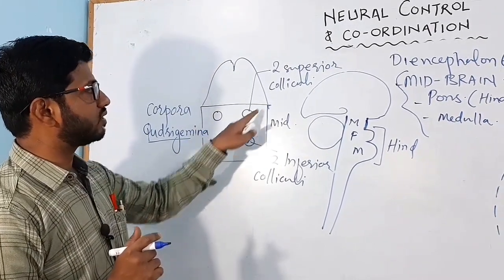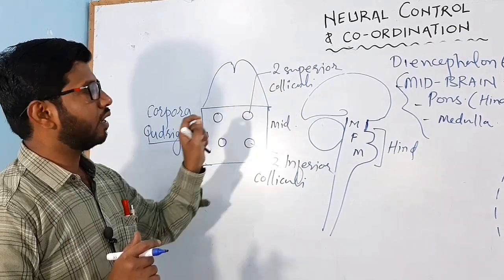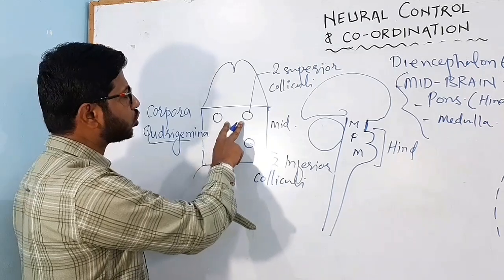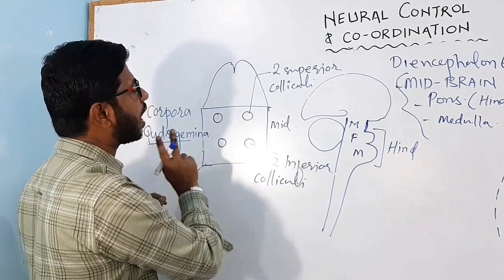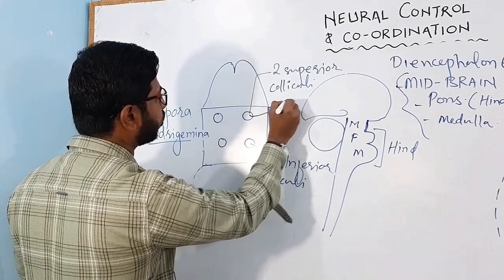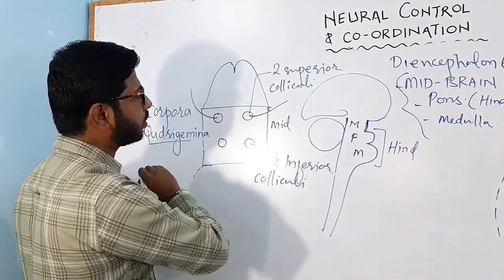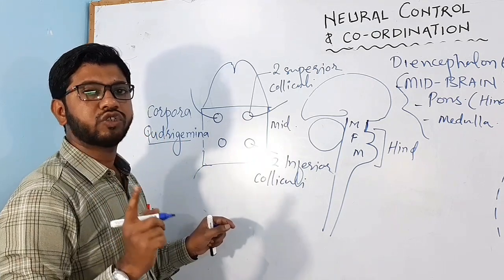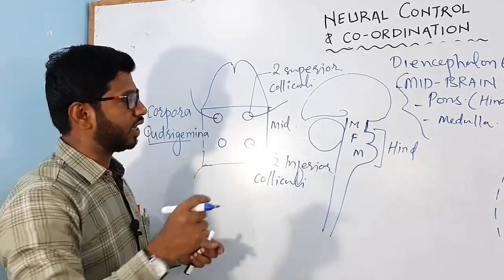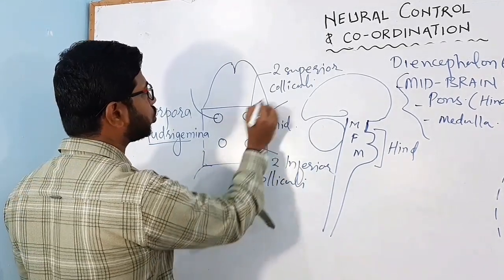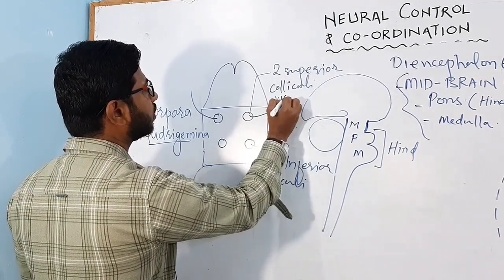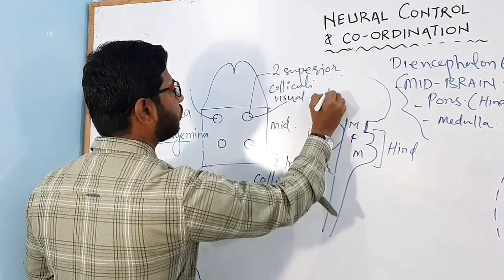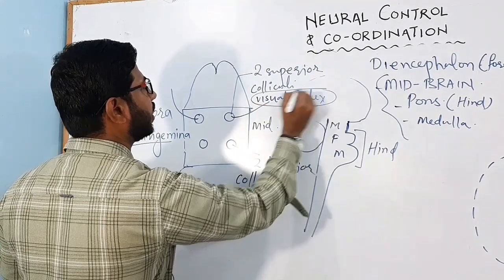The upper two projections are the superior colliculi, and one more thing you have to remember is that these two superior colliculi are responsible for the visual reflex. Visual reflex means seeing any object by the eyes. So these two upper colliculi are responsible for the visual reflex, the most important thing.